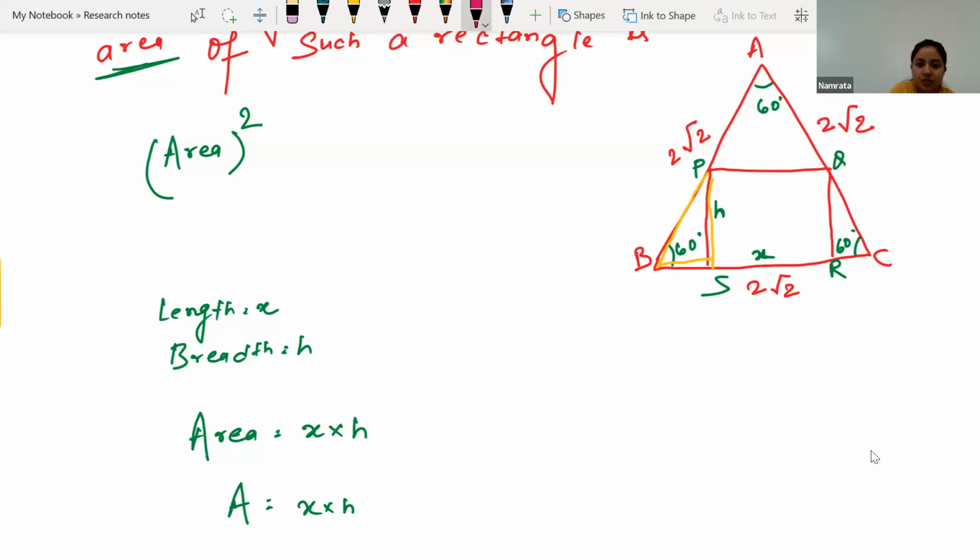Wait. This total side is BC. Length of BC is 2√2. And we have assumed SR as X. So the remaining part on the left and on the right will be 2√2 minus X. The remaining part over here and over there, these two combined together will be 2√2 minus X. Yes or no?